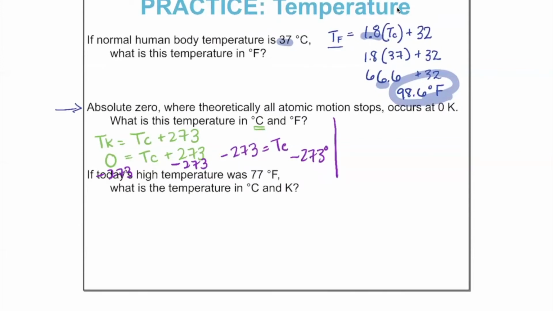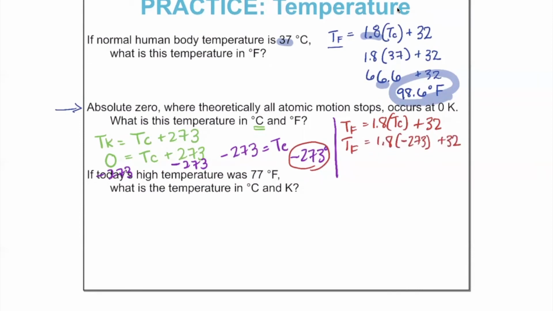So if we're going to use the same equation above, temperature Fahrenheit equals 1.8 times the temperature Celsius plus 32. And we know that our temperature Celsius is negative 273. So our temperature Fahrenheit is 1.8 times negative 273 plus 32.